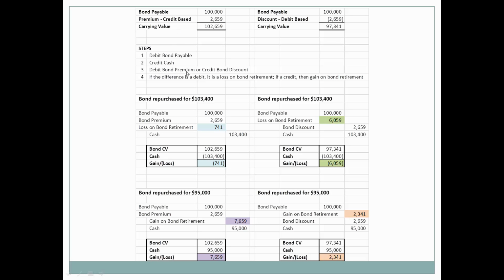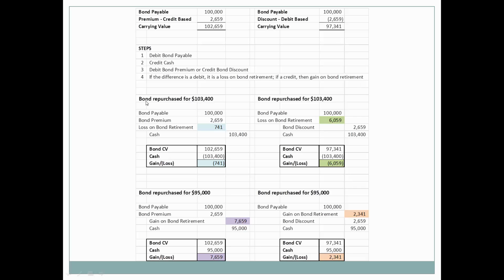Remember, it's credit-based, in order to take it off the books and effectively zero it out. Or we want to credit the bond discount, again, debit-based, so by crediting it, we are effectively taking it off the books. If the difference between those three entries is a debit, then it's a loss on bond retirement. If it's a credit, then it's a gain on bond retirement.